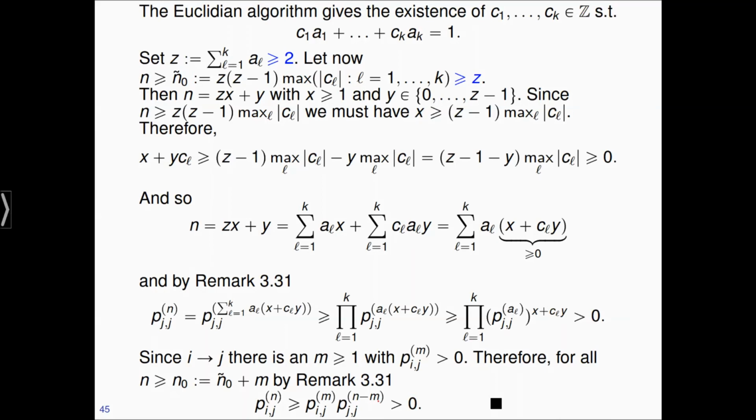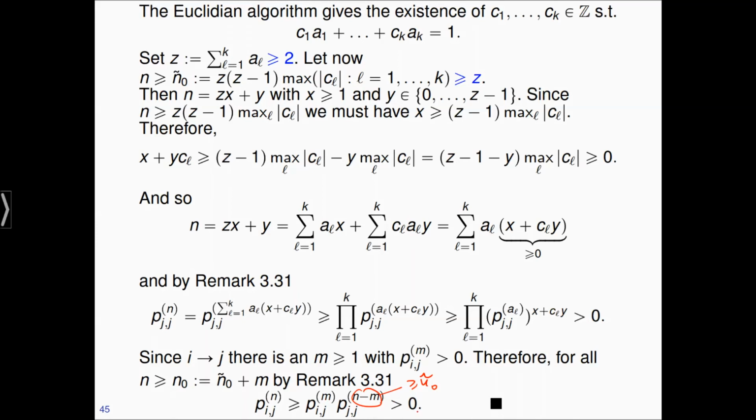And n minus m is greater or equal to n tilde, because n is greater than n tilde plus m. So this is greater or equal n tilde 0, which by the argument that we saw before implies that P_jj^(n-m) is positive, and P_ij^m is positive by the choice of m.